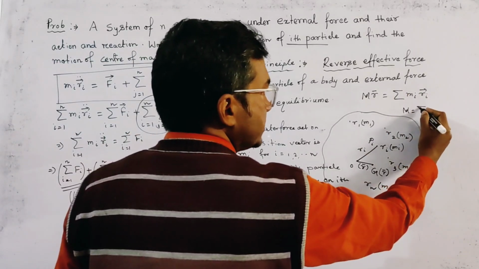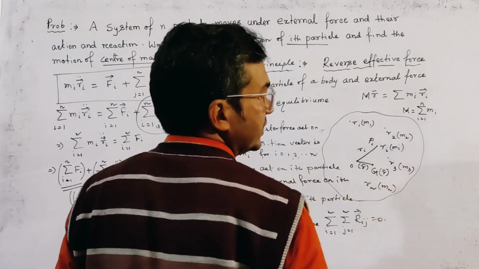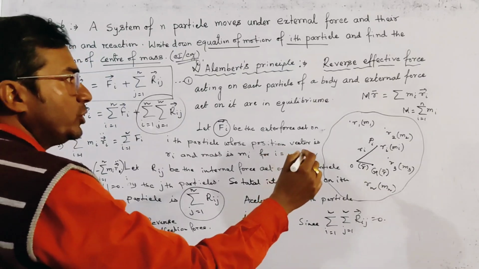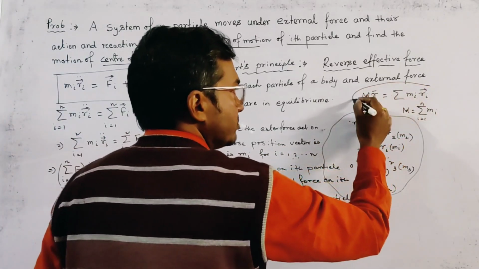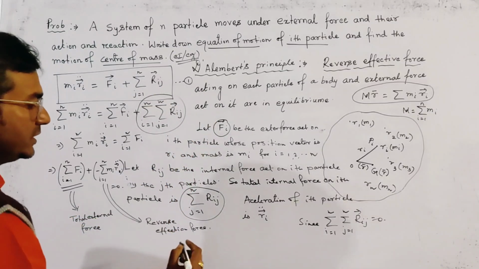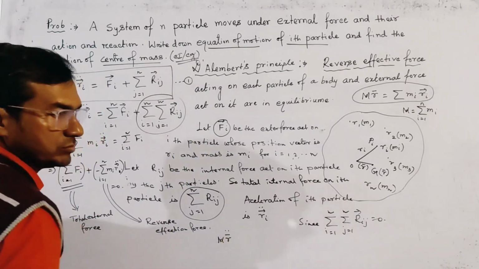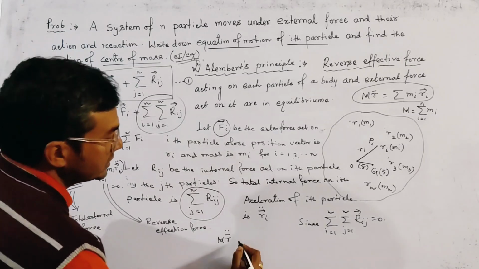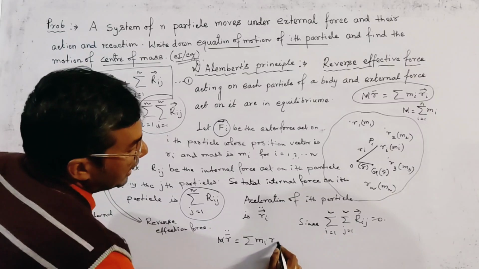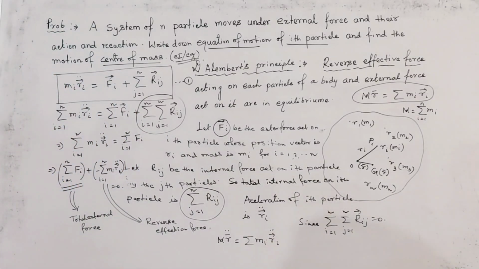So capital M is equal to summation i equal to 1 to n of mi, the total mass of the system. Now if we differentiate this relation two times, we get M r bar double dot equal to summation mi ri vector double dot.